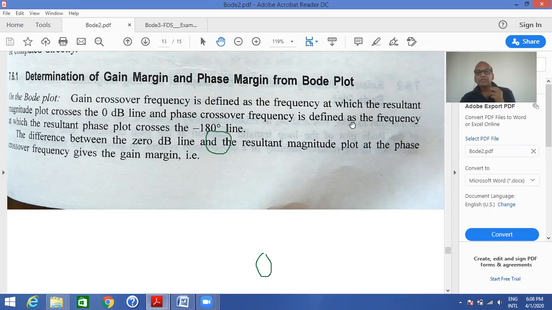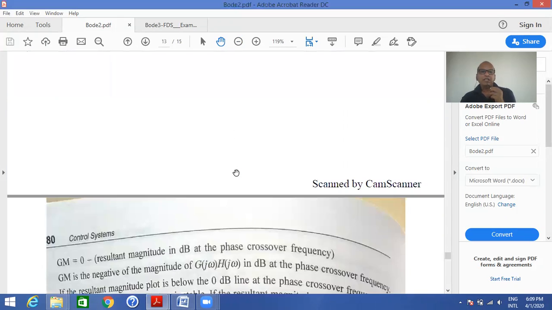Phase crossover frequency is defined as the frequency at which the resultant phase plot crosses the minus 180 degree line. The difference between the zero dB line and the resultant magnitude plot at the phase crossover frequency gives the gain margin.